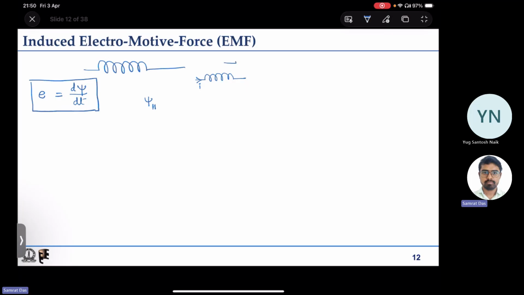Now say there is some other coil or some set of coils carrying currents, and because of those currents there is some magnetic field, and those fields create some flux linkage in the first coil.